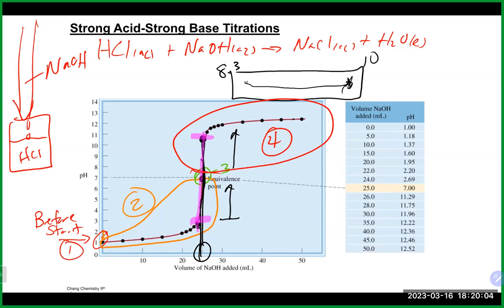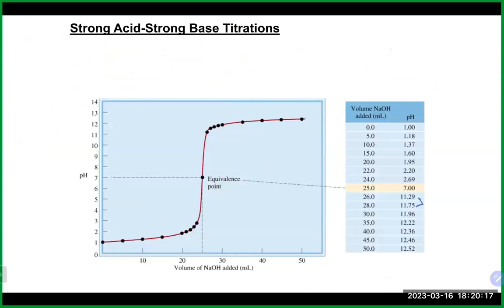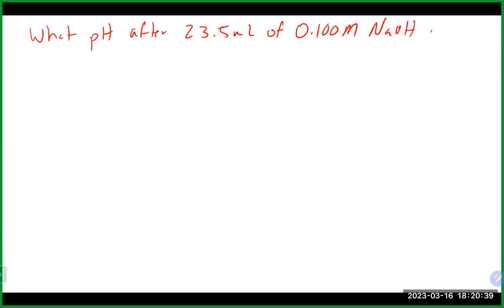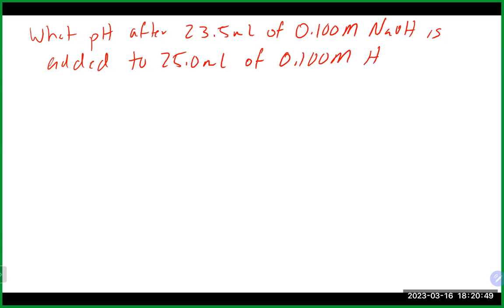All right, so let's try one here. What is the pH after 23.5 milliliters of 0.1 molar sodium hydroxide is added to 25 milliliters of 0.1 molar hydrochloric acid?